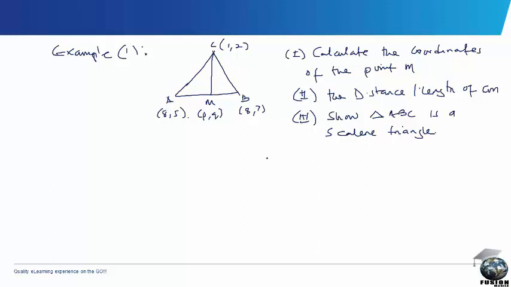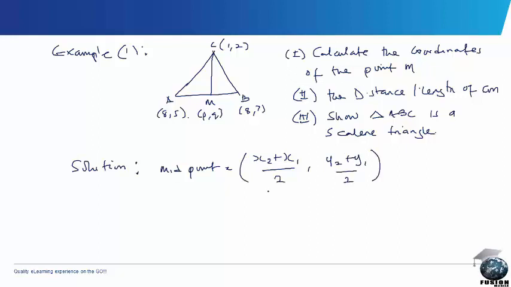Alright, so how do we go about this? All we need to do is to first find the midpoint M. Solution: we use the formula we've obtained for the midpoint, equal to x2 plus x1 all over 2, and then y2 plus y1 all over 2.